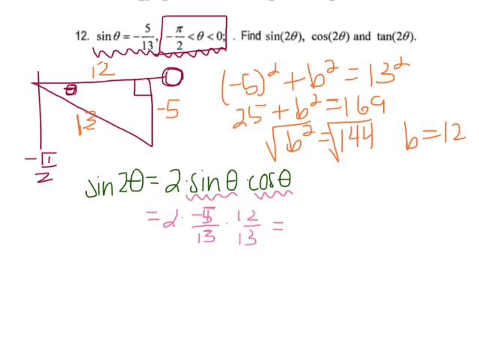We want to multiply those together, and you might find it helpful to put that 2 over 1. Up top you're just doing 2 times negative 5, which would be a negative 10, and then negative 10 times 12 would give you a negative 120. And then your denominator, you're doing 1 times 13 times 13, it's 169.